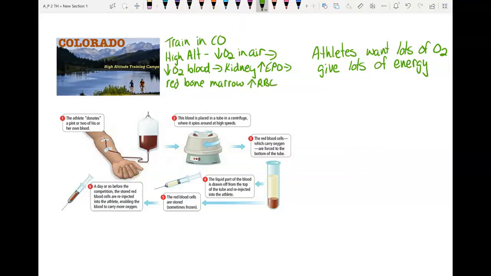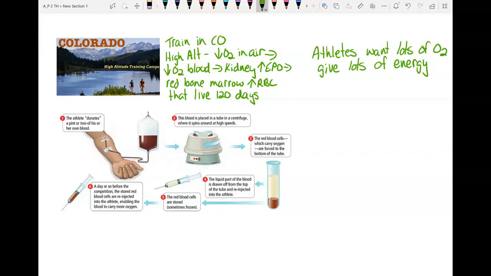And remember, they live for 120 days. So for about the next 3 months, you will have extra oxygen carrying capacity in your blood. So if you go up to Colorado, spend a few weeks there training, get those extra red blood cells, and when you come back down to lower altitude, you will still have those extra blood cells for a few months.